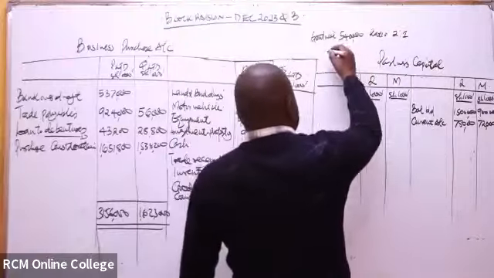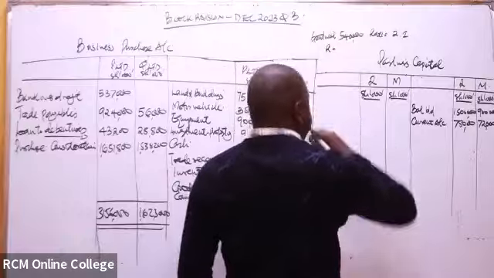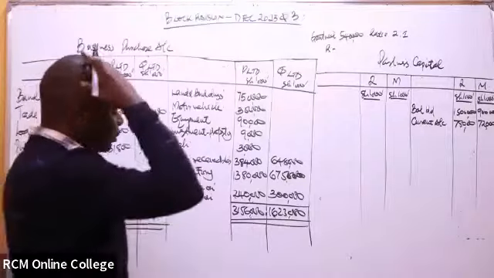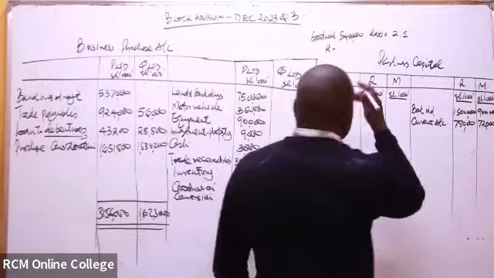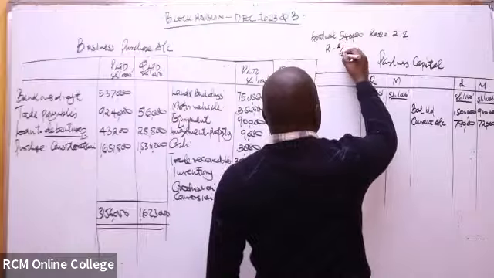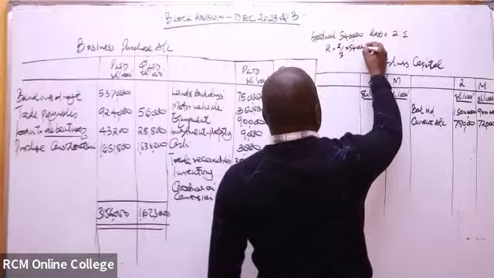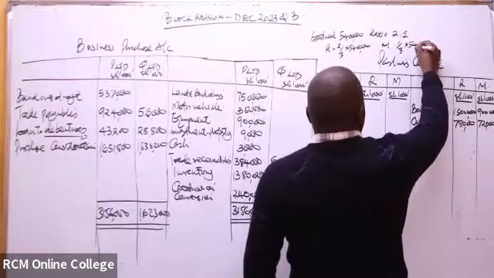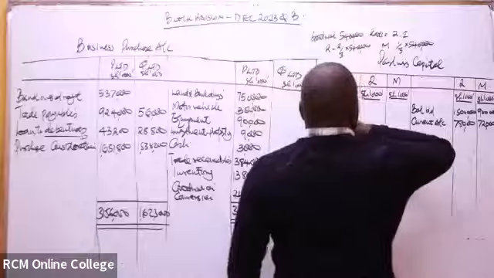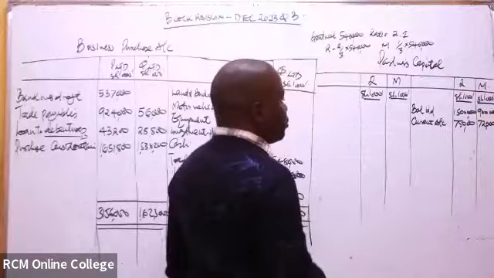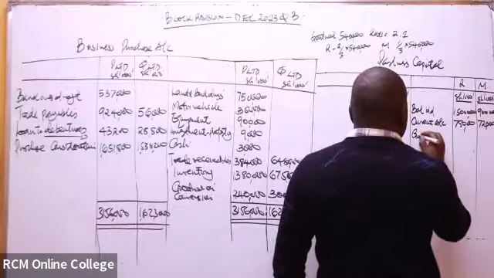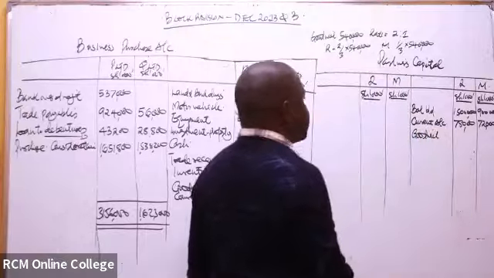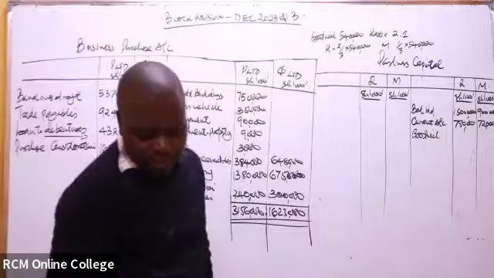So for R, the goodwill he enjoyed when they were converting the partnership will be 2/3 multiplied by 540,000, and for M, it is 1/3 multiplied by 540,000. So for R, it will be 360,000.